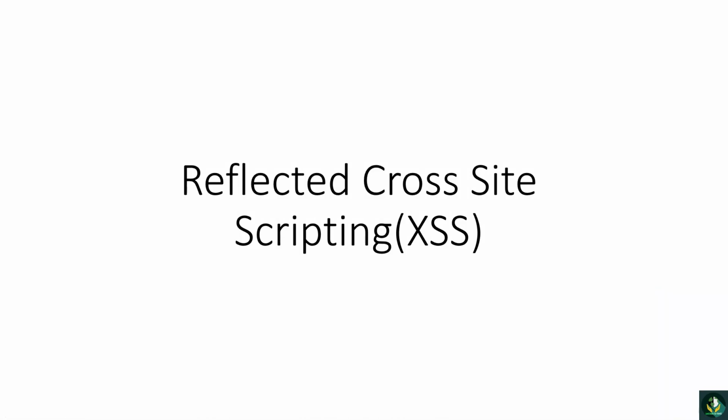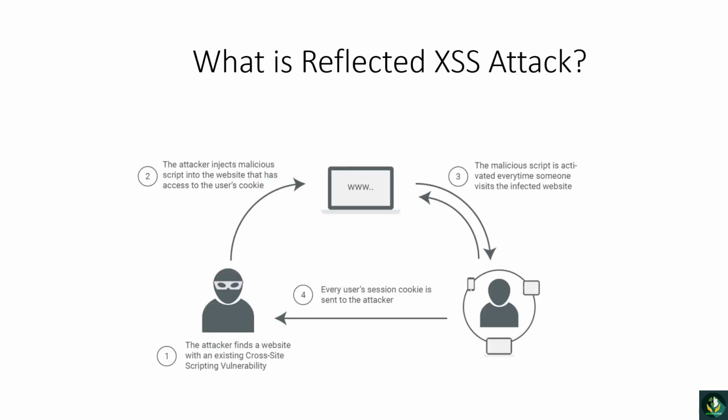A reflected XSS attack, also known as a non-persistent attack, occurs when a malicious script is reflected off a web application to the victim's browser. The script is activated through a link which sends a request to the website with a vulnerability that enables execution of a malicious script.